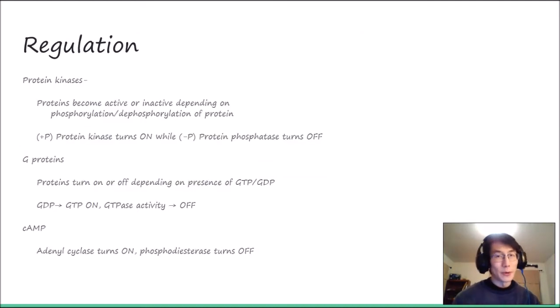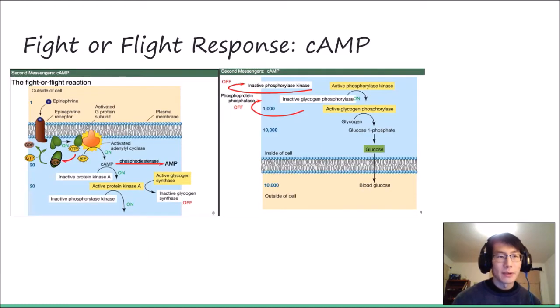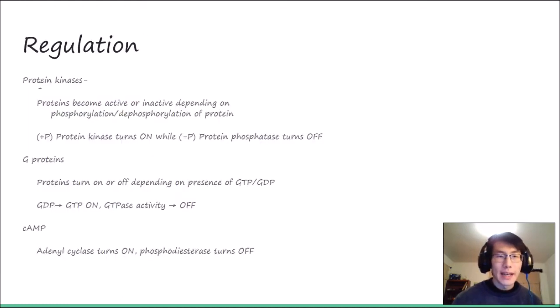One note about regulation is that there are different ways that this particular cascade can be regulated. And we can see that there are protein kinases which become active or inactive depending on phosphorylation or dephosphorylation of the protein. There's a little bit of a caveat with this, but in terms of the epinephrine pathway, usually protein kinases who are phosphorylating will turn on the cascade, whereas protein phosphatases, which dephosphorylate, tend to turn off the pathway.